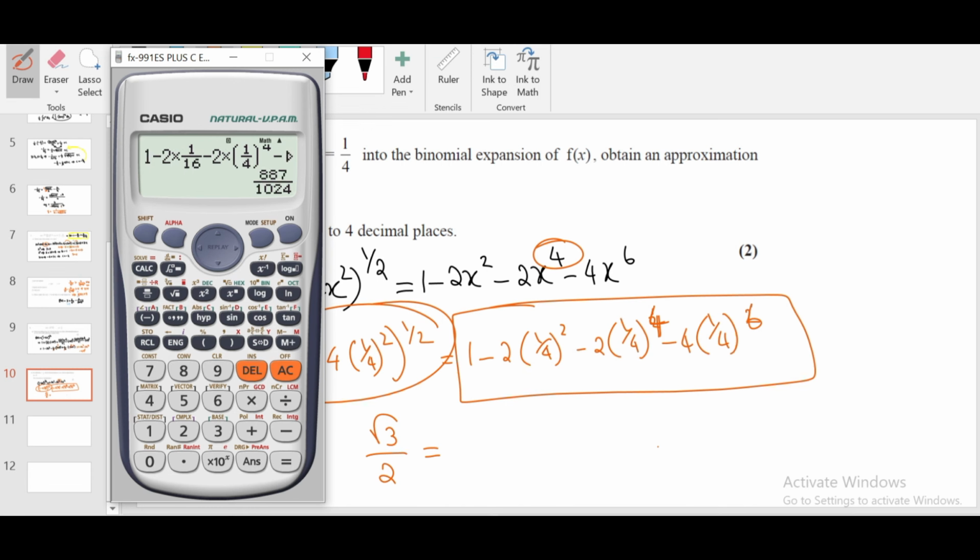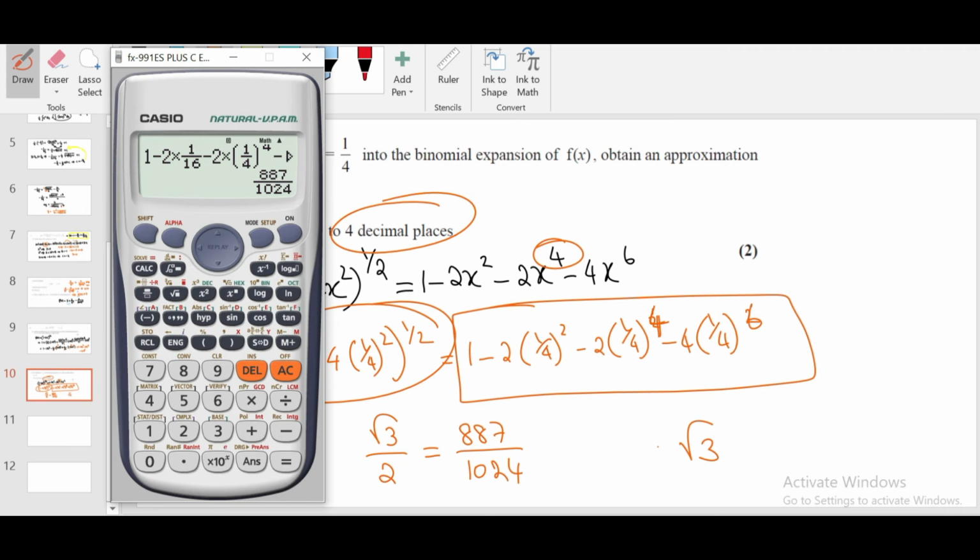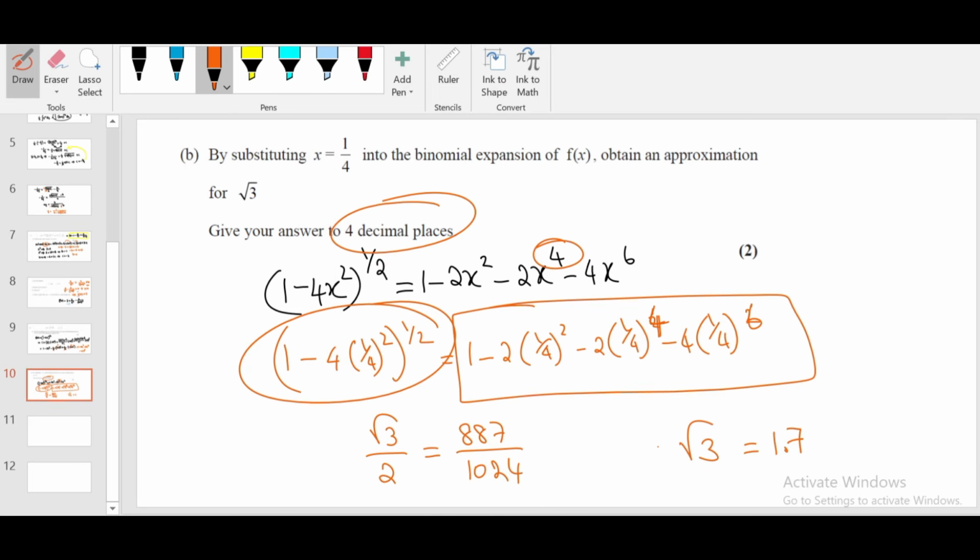Okay, 887 divided by 1024. Bring the 2 to the other side. So we need the answer to 4 decimal places. So times 2. I'll get 1.7324. 1.7324 is the final answer.